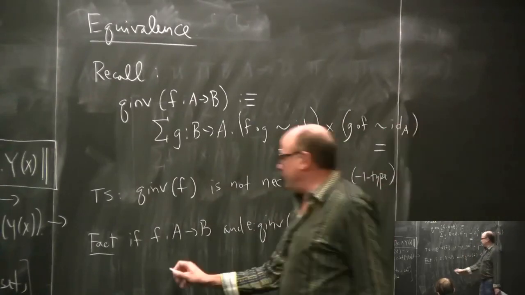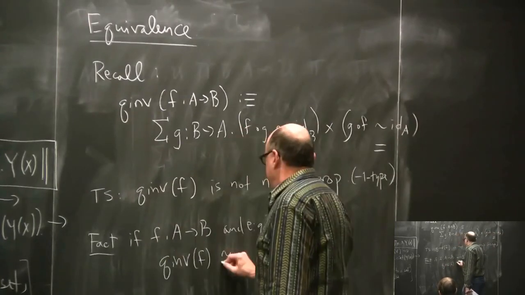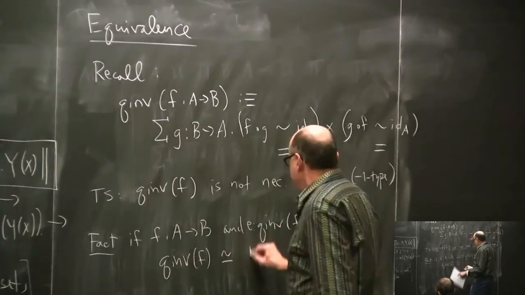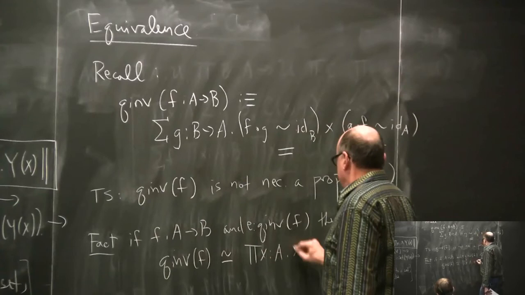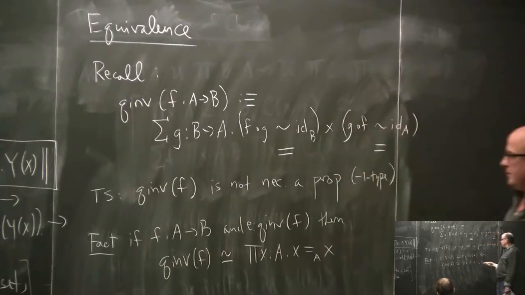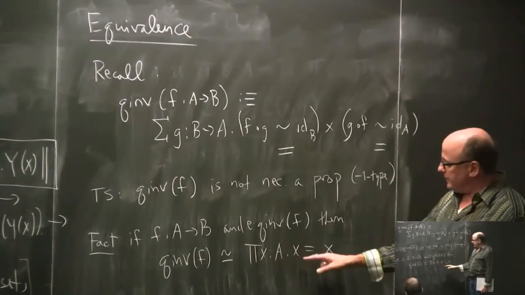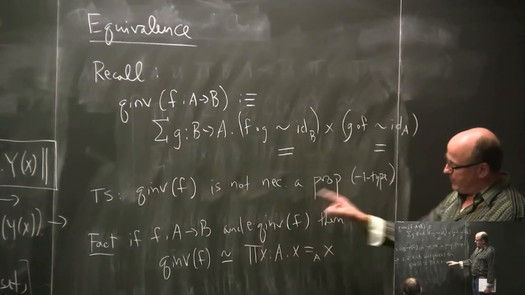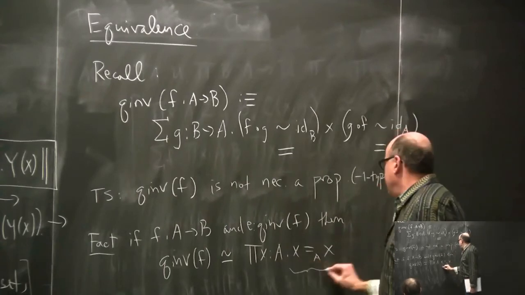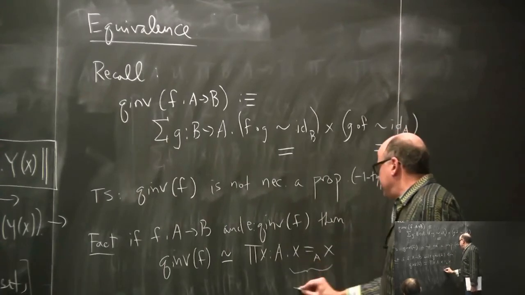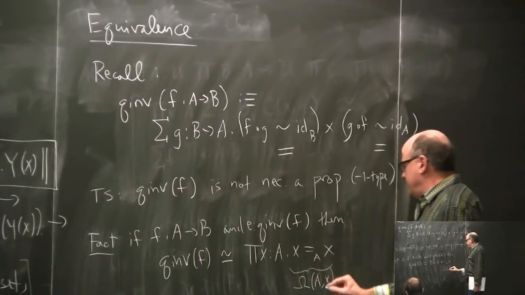Then in that situation, we can say that being a quasi-inverse is equivalent to the product of the loops in A. Because this says for any x in A, let's look at the type of the paths that go from x back to itself. This is sometimes notated as the loop space of A at x.